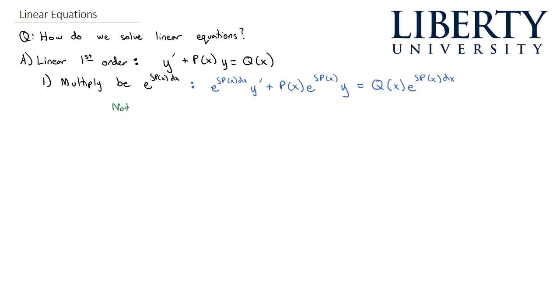What's interesting here is, if I were to take e to the integral of p of x dx times y, and take its derivative using the product rule, we would take the derivative of the first part, e to the integral of p of x dx, and then the chain rule says we multiply by the derivative of the exponent, and the derivative of an integral is just the inside stuff, p of x, times y, the second part, plus, finishing the product rule, we take the first factor, e to the integral of p of x dx, times the derivative of the second factor, y prime.